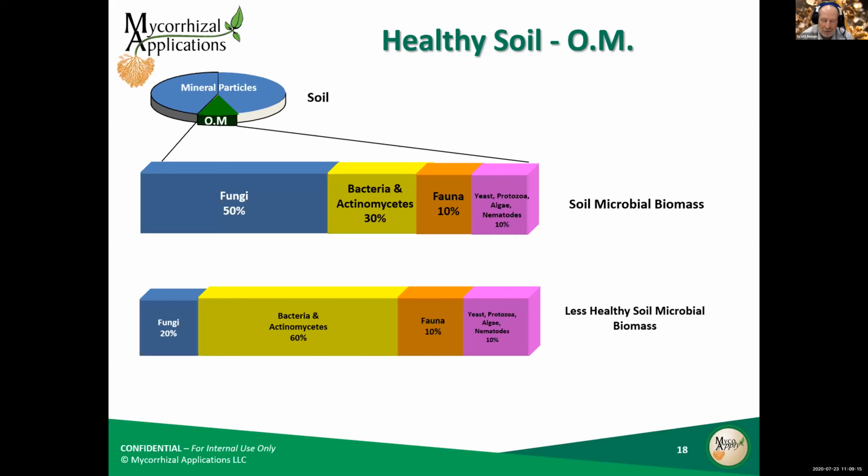Without the mycorrhizal fungi in there, we get this reduction, and the fungi just can't maintain itself. So if you're trying to work on your soils, you've got to get your fungi up, and that includes all types of fungi, but it's really important to find that right balance.